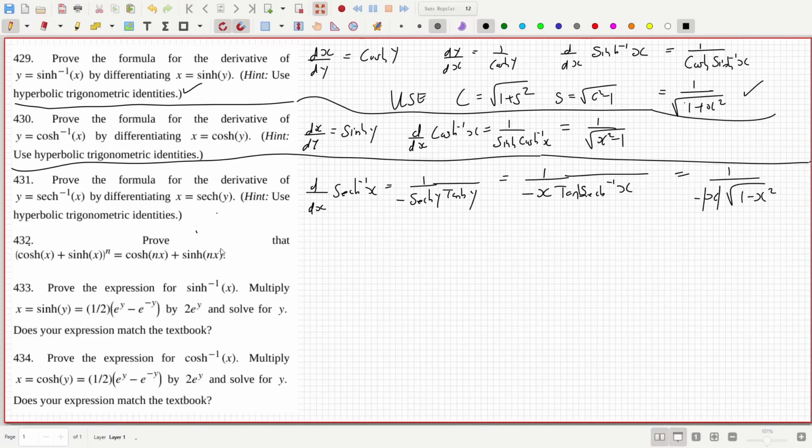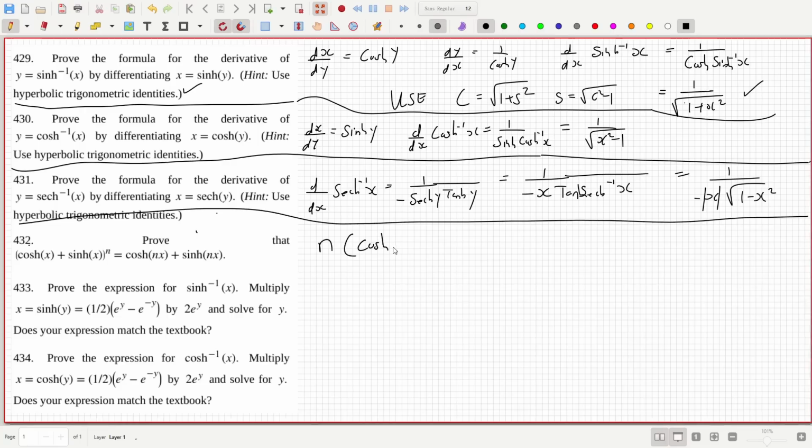Prove that equals that. Maybe we could prove it by derivatives. So if we differentiate the left, we'll get n cosh x plus sinh x to the power n minus 1, and then the n comes out.